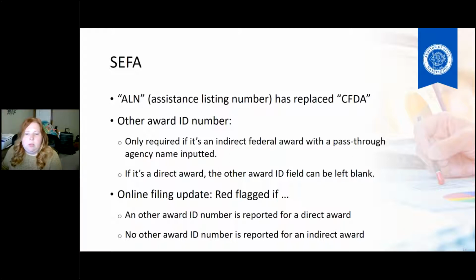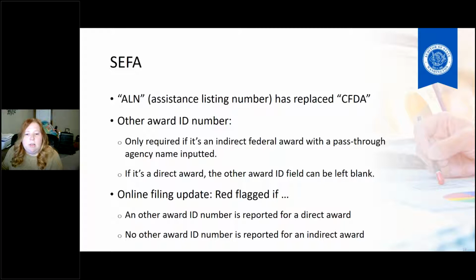And then we have also cleaned up the instructions and programming related to the reporting of the other award ID number on the SEFA, just so that they are consistent and clear. Previously the other award ID field was required for every line item on the SEFA. So you had to put at least something in there in order to submit the report.